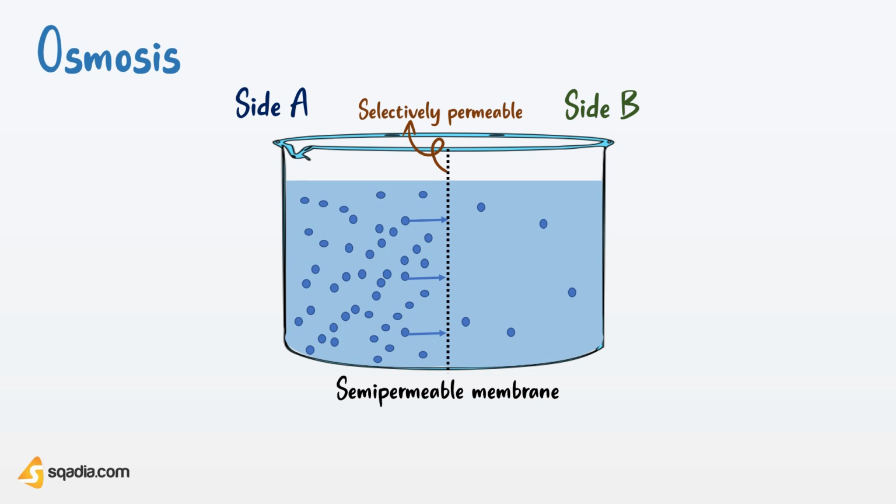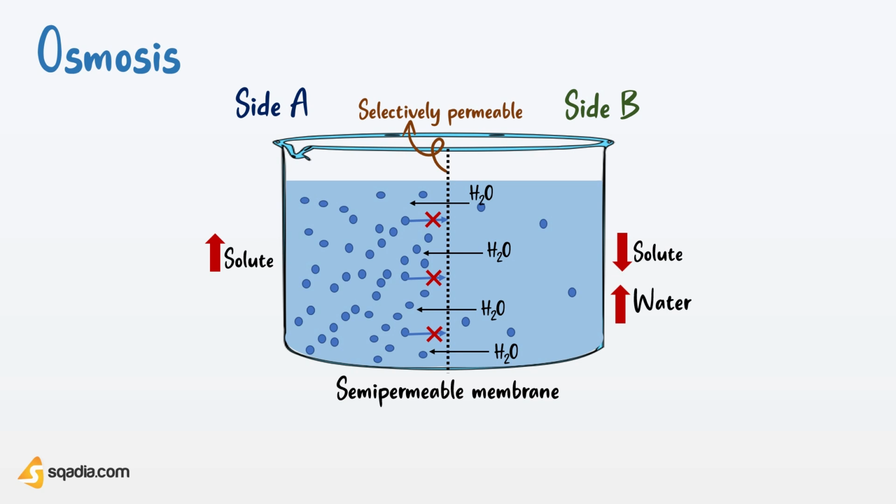Solute molecules would like to escape through the pores of a semipermeable membrane, as, by nature, they want to move from an area of high solute concentration, hypertonic, to an area of low solute concentration, hypotonic. But because of the large size of these solute particles, they will not be able to escape. To compensate for that, these large solute molecules will then try to pull the water molecules from the other side.